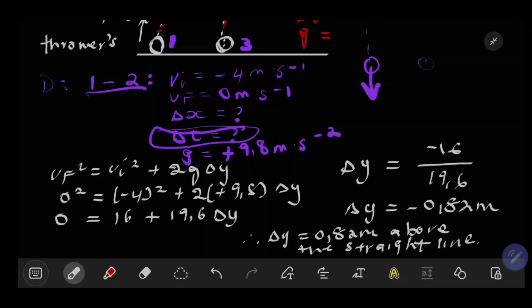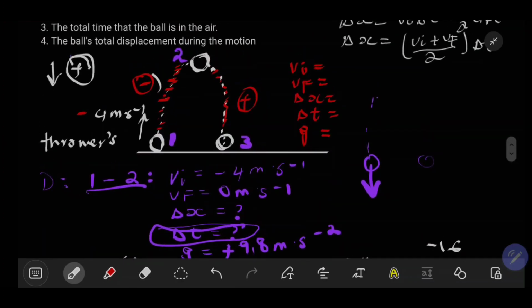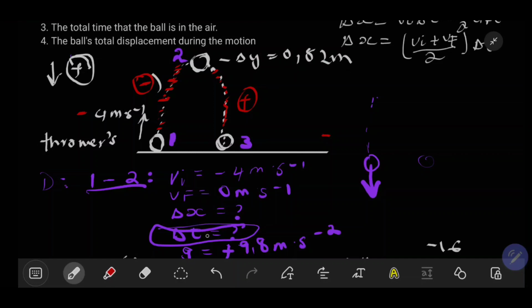All right, so now we know our maximum height here, our change in y, is 0.82. But in this case, let's not complicate ourselves, and write that our change in y is negative 0.82, so that we know the direction and the magnitude.